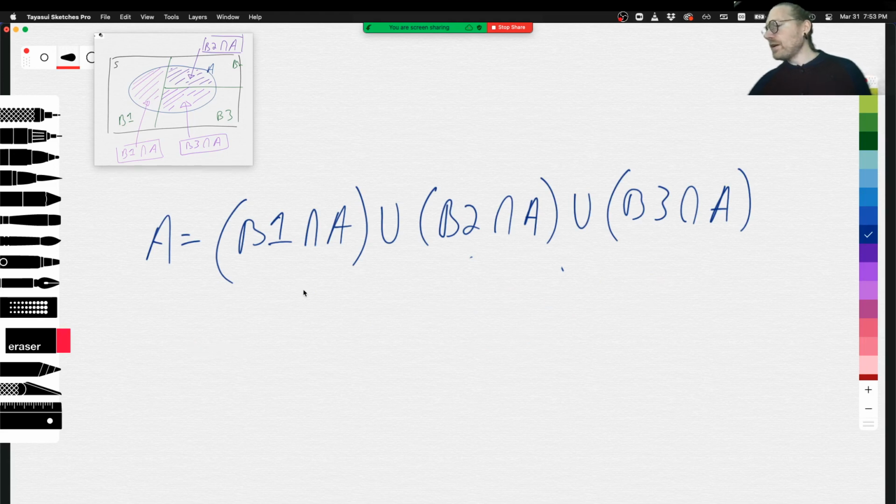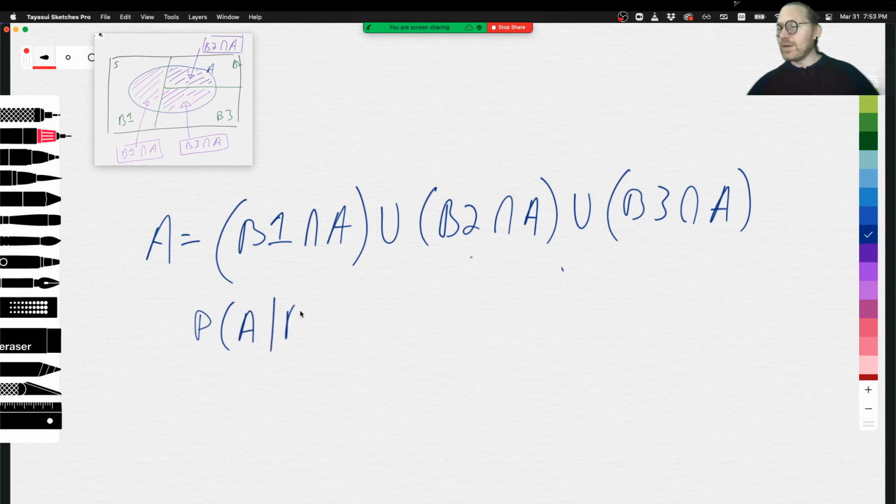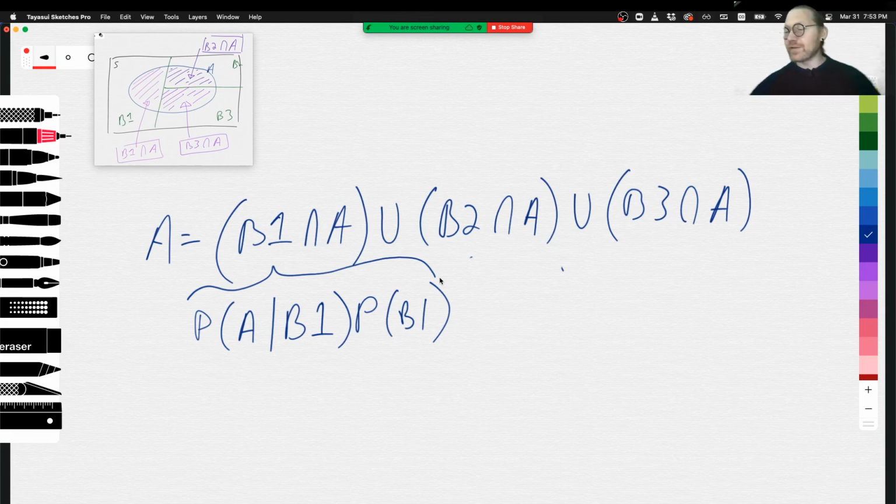So this first one, this area B1 intersect A, we can rewrite that, right? We can say that this is actually the probability of A given B1 multiplied by the probability of B1. Okay? This comes through that rearrangement of Kolmogorov's definition.